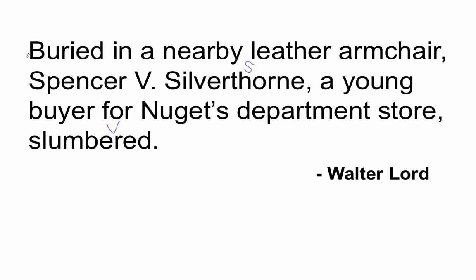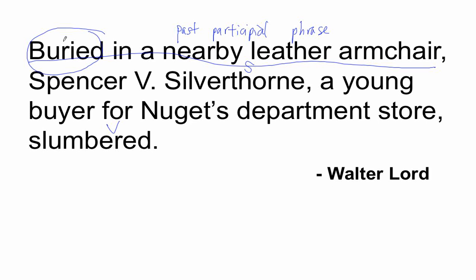So in that case, this will be, sorry for the not straight underline. This is your past participial phrase. Now, what makes it the past participial phrase? The past participle right here is buried. Okay, bury plus ed.